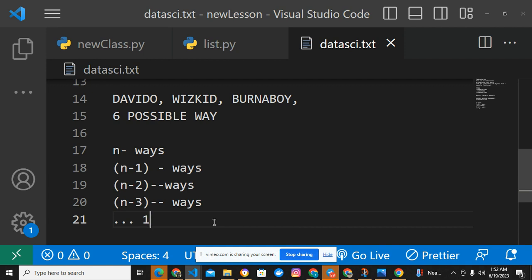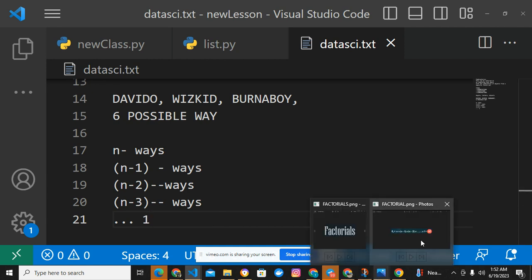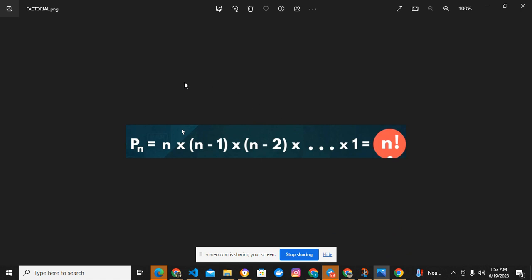So from this analogy, we can say that the permutation of n equals what? I think I have something that depicts it. Yes. So we can say the permutation of n equals n times n minus 1 times n minus 2 times up till 1.